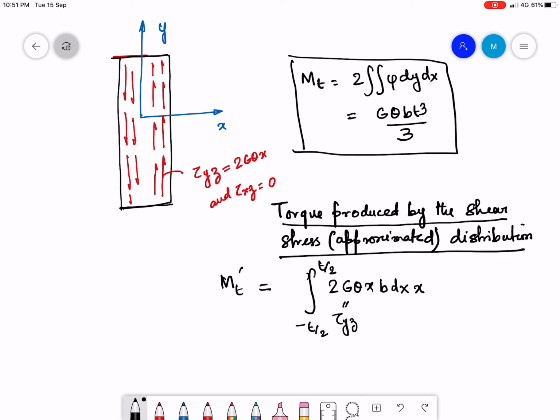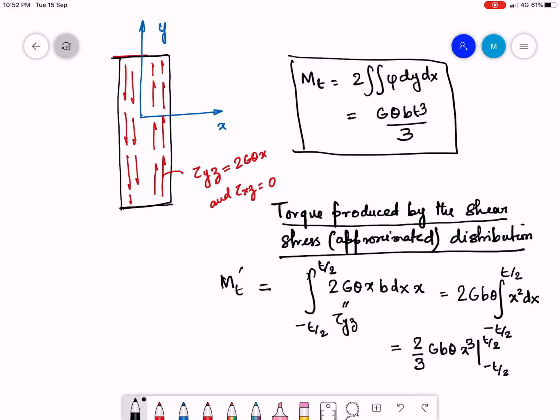If we evaluate this integral, we will get this as 2 G b theta integral from minus t by 2 to t by 2 of x square dx. If I evaluate that x square dx, that is going to be 2 by 3 G b theta x cube from minus t by 2 to t by 2.